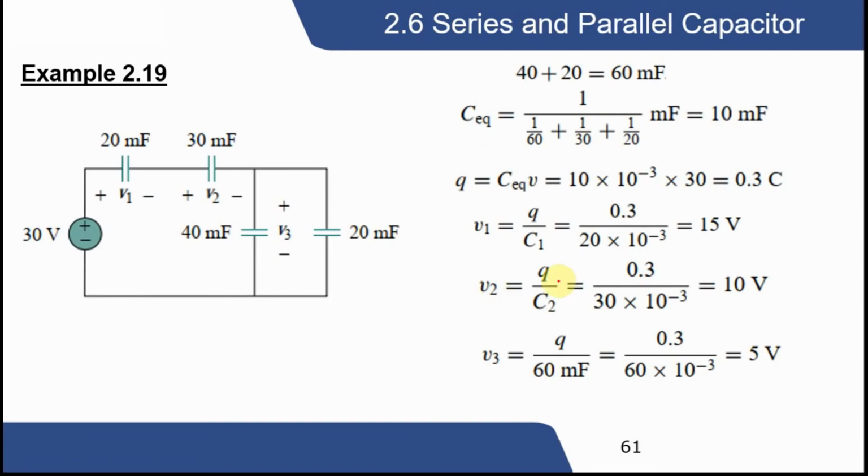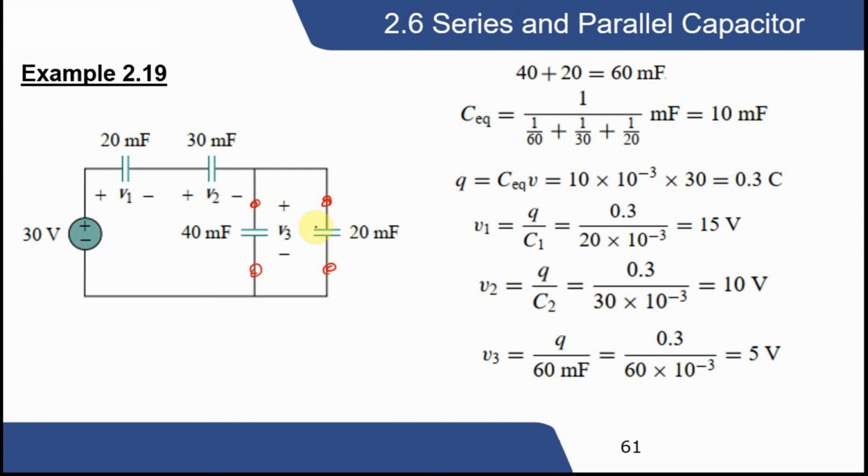The next part is that we want to calculate the voltage across the capacitor. First, we have to understand that the flow of charge is the same as the flow of current. So first we calculate the total capacitance. This is a parallel, as this end and this end are connected with both ends.